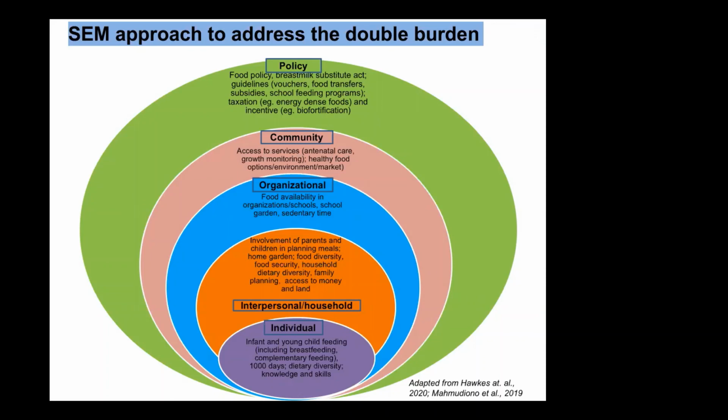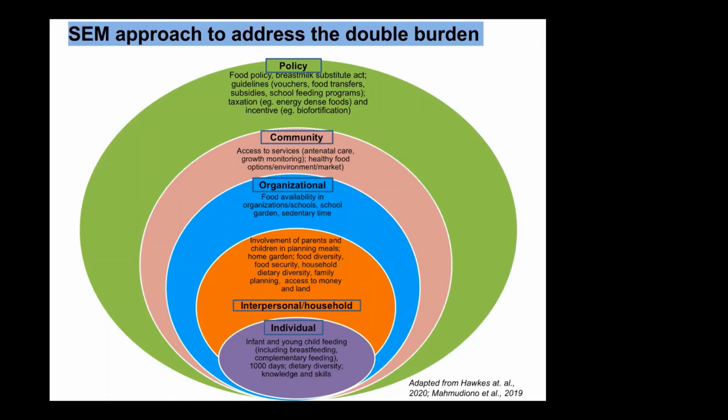As I said before, a lot of programs focus on different targets, on which form of malnutrition it is. If there is a problem of undernutrition, they focus more on improving nutritional status and reducing undernutrition. But if it's more about obesity or overweight, then it has to be targeted accordingly. But this is the general framework.